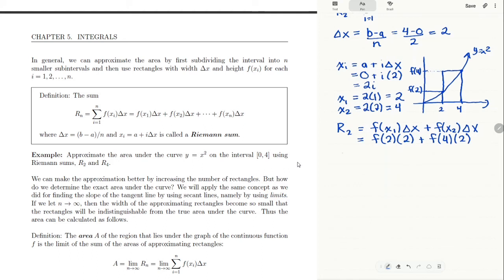And so the Riemann sum is f of 2, so we substitute 2 into our function, and our function is x squared. That gives us 2 squared times 2 plus 4 squared times 2. So this gives us 8 plus 32, or 40. And since we're looking at the area of the rectangles, this will have units of 40 square units.